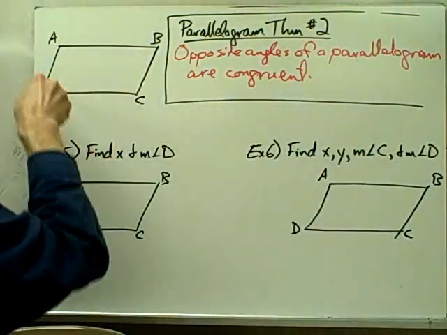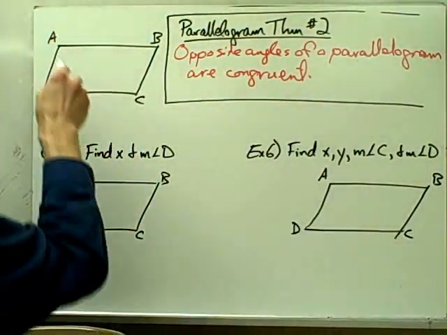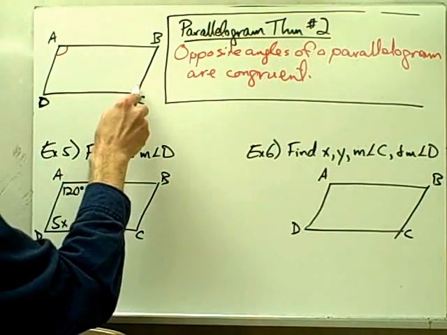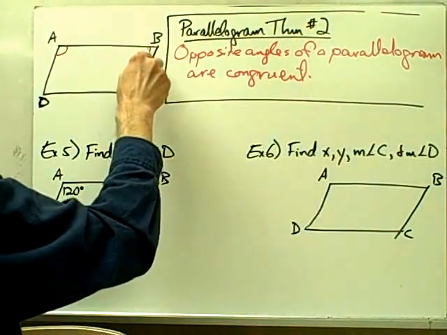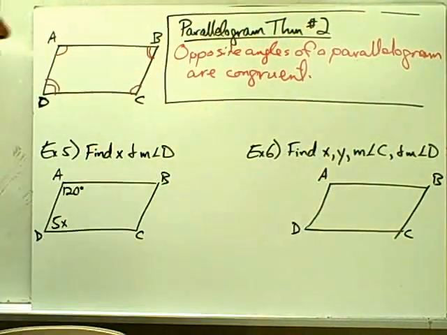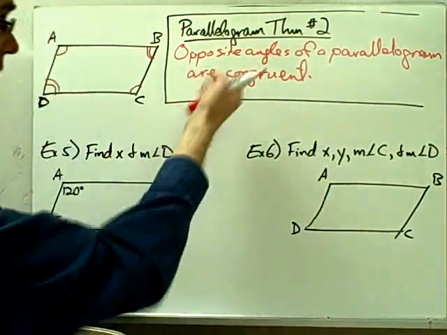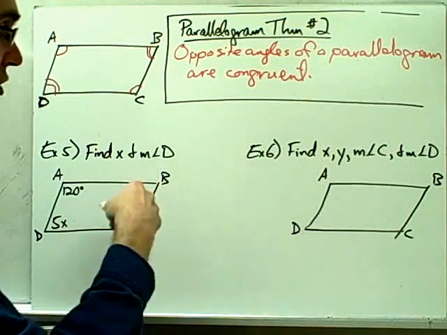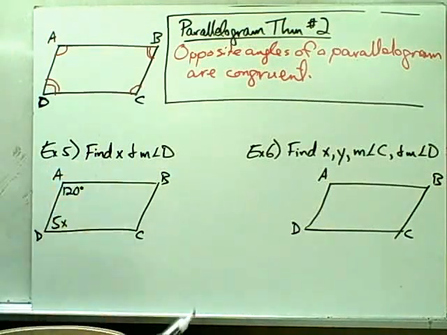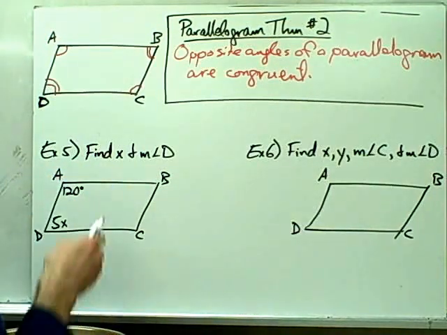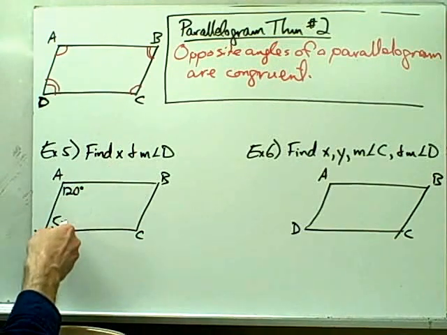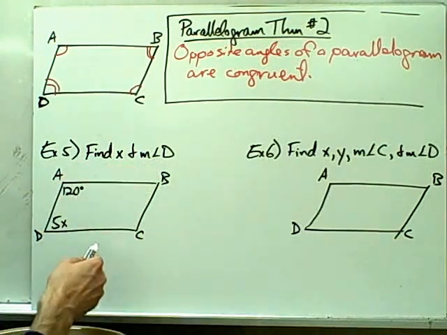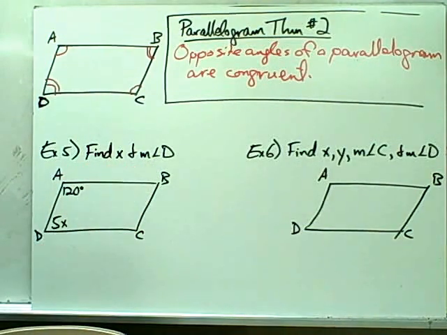So once again, if this quadrilateral ABCD is a parallelogram, then I know that angle A and angle C are congruent, and angle B and angle D are congruent. And once again, I can use this particular property of parallelograms to solve some types of problems. So for example, example number 5 says find the value of x and the measure of angle D.